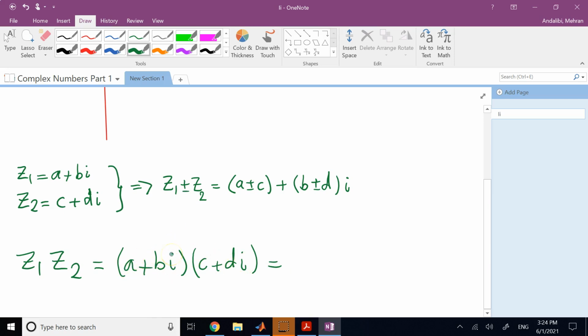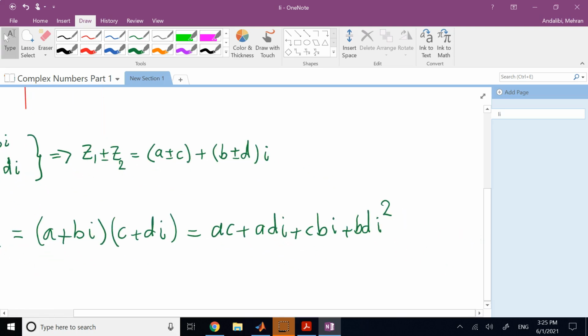So two times two, you have 4 terms. And you will get ac plus adi plus c times bi, and then plus b times d times i squared, correct?